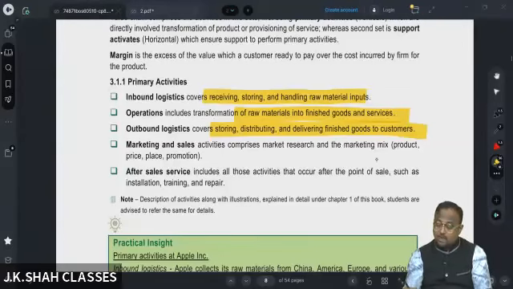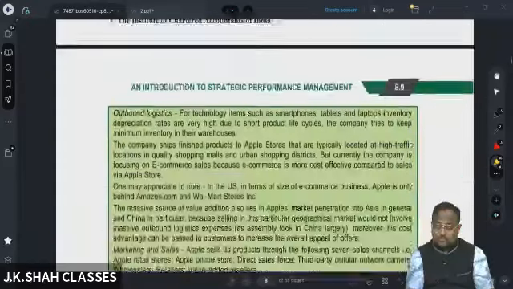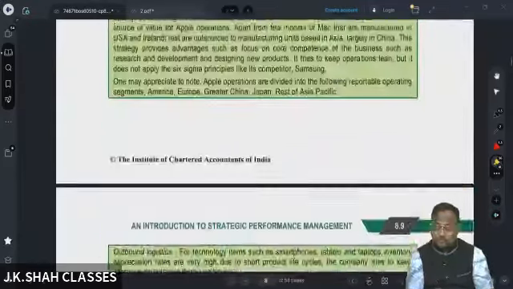Marketing and sales, you know already what marketing and sales does. It is basically market research and promotion and all that. And after sales service means what do you offer them? Installation, training, repairs, everything. So these are the 5 areas which we are supposed to look out for.